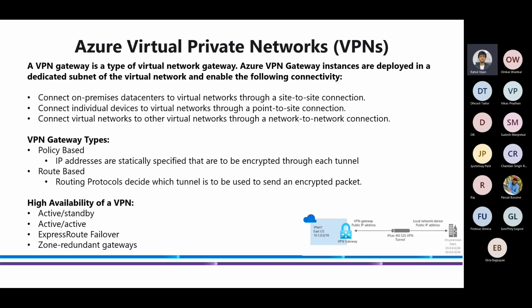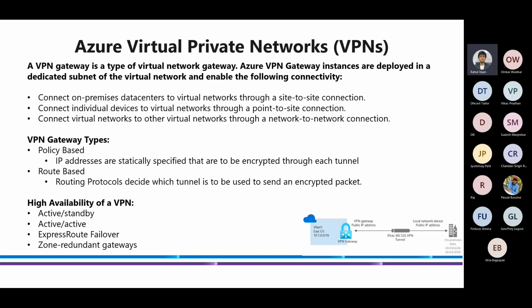So again, when we think about VPN gateway types, there are two types: a policy based gateway and a route based gateway. Similar to how routing takes place, here you can have things based on policy and routes. Policy means you can block or allow different types of IP addresses, and here we enter IP addresses statically.